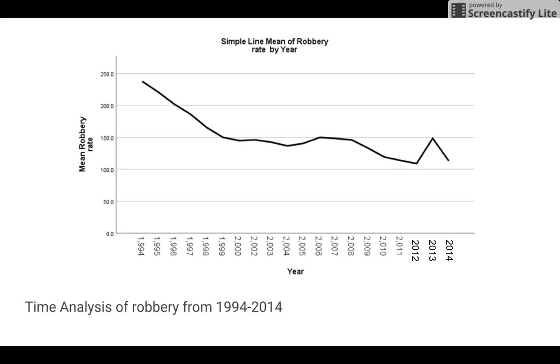The next one is robbery, and robbery is significantly higher than both crimes, probably because the punishment is not as severe. In 1994, it was all the way up to almost 250 people for every 100,000 people who committed a robbery crime.